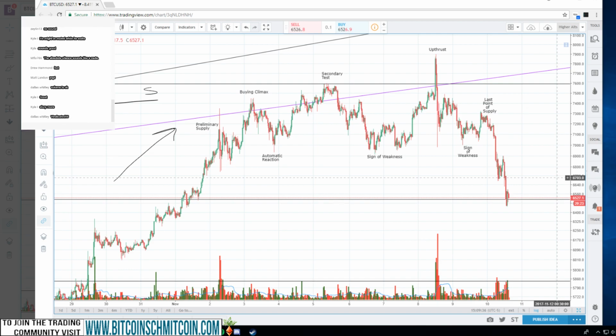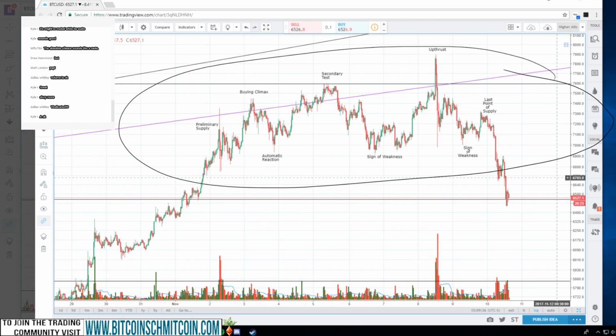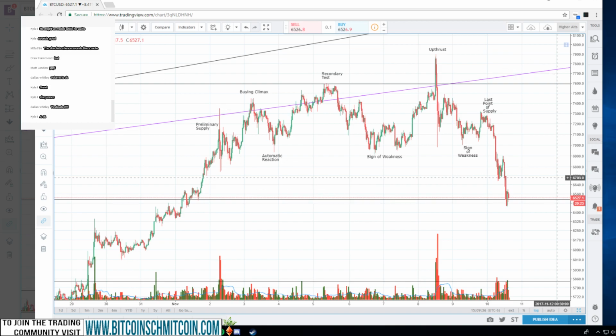In a trending market upward, the demand is up and the supply is down. In a downward market, vice versa: the supply is up and the demand is down. So it's this balancing act in the market. The whole point of this distribution phase is that supply is being distributed among the more aggressive buyers, the more bullish investors, until supply ultimately dominates the market and it does something like this.